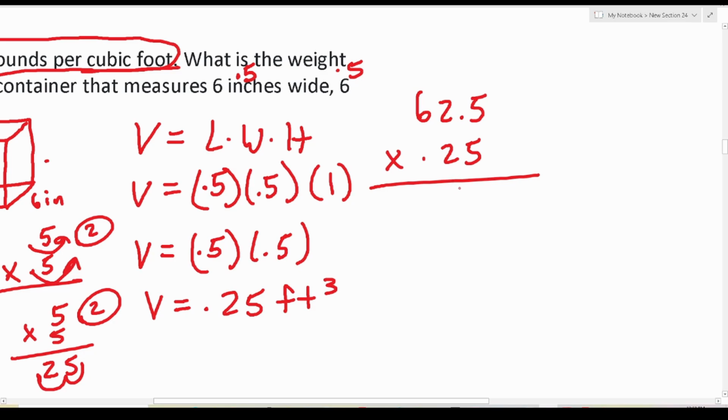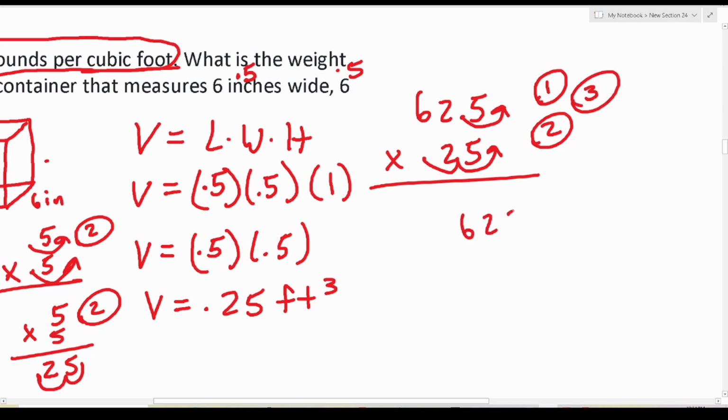All right, so we're multiplying 2 decimals, as you can see. So we're going to take this decimal in 62.5, shift it 1 time to the right. And likewise, we're going to take this decimal in 0.25 and shift it 2 times to the right. In total, we shifted the decimal 3 places.